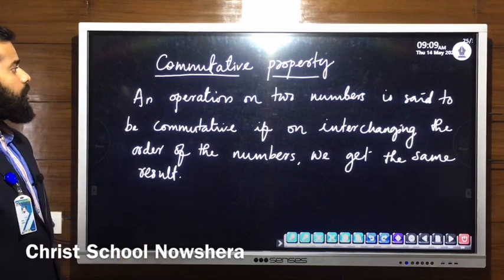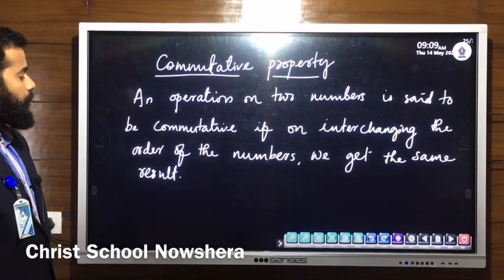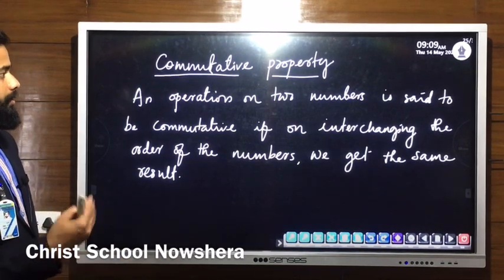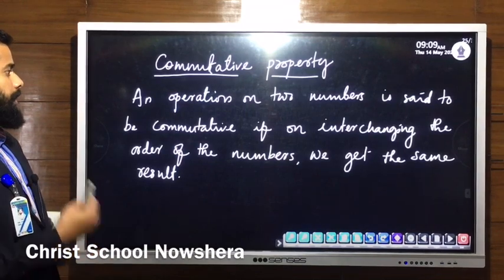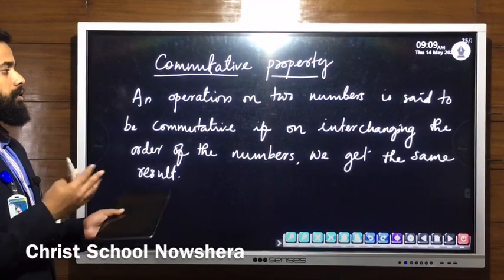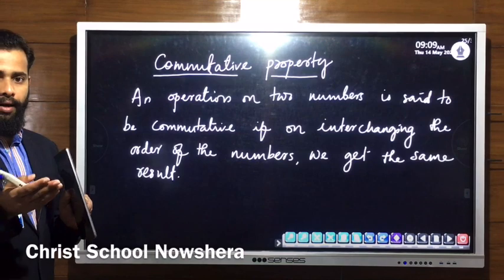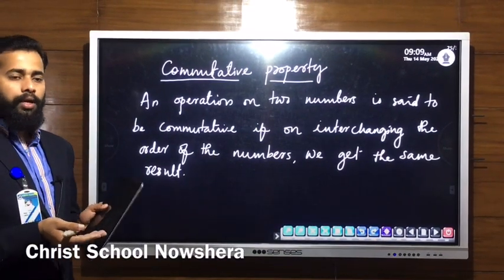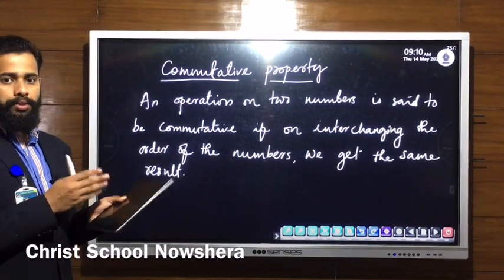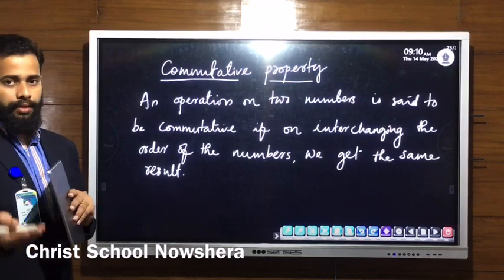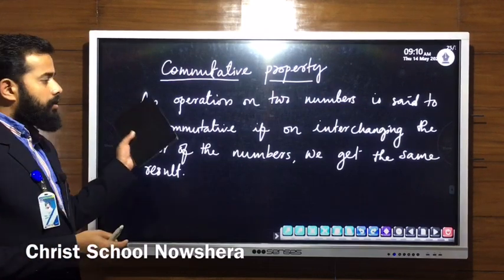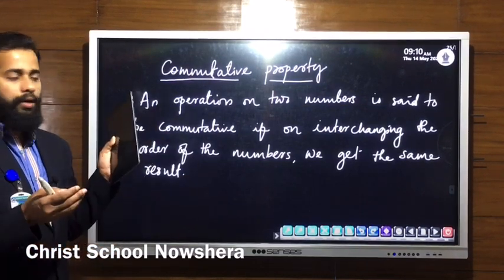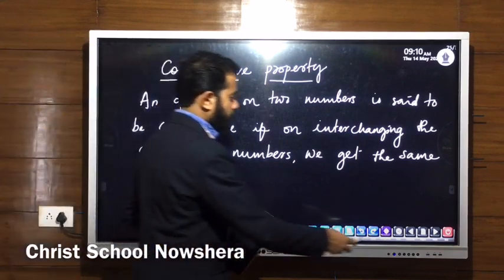An operation on two numbers is said to be commutative if on interchanging the order of the numbers we get the same result. If we are interchanging the numbers, the places, and the final result remains the same, then the particular operation holds the commutative property. We have seen the examples.